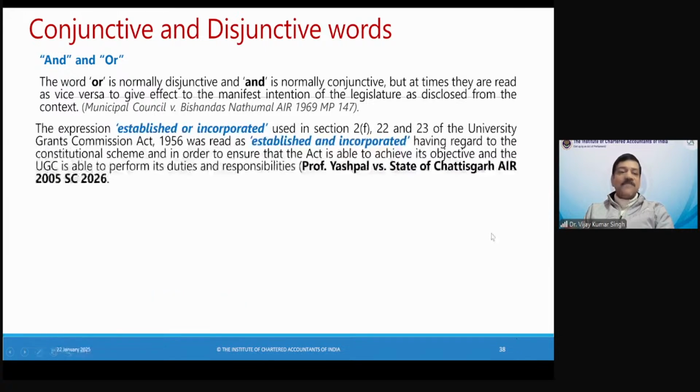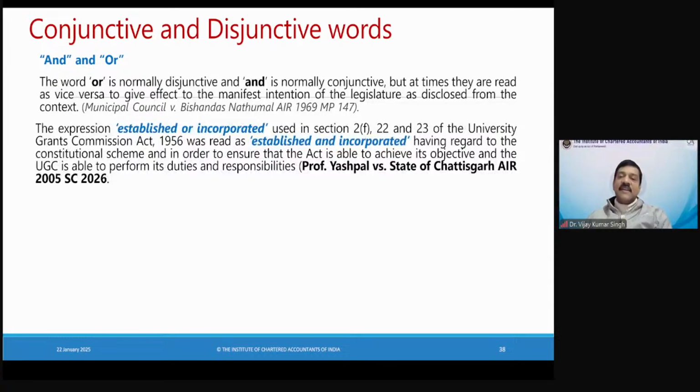So in this particular case, there was one case, Professor Yashpal versus State of Chhattisgarh. The expression was established or incorporated, used with reference to sections 2(f), 22 and 20 of the University Grants Commission Act, that is the UGC Act. This was read by the court as established.